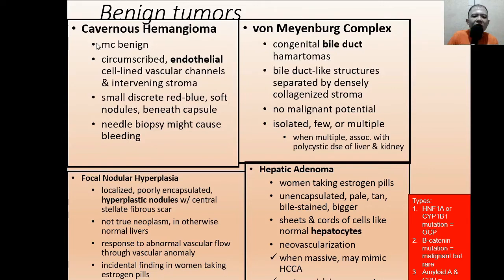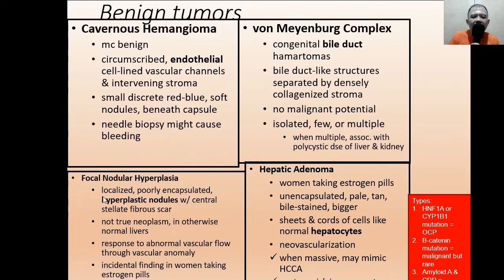This is a benign tumor of the endothelium, of vascular channels. It's very prone to bleeding. Von Meyenburg complex is a tumor derived from bile duct hamartomas.